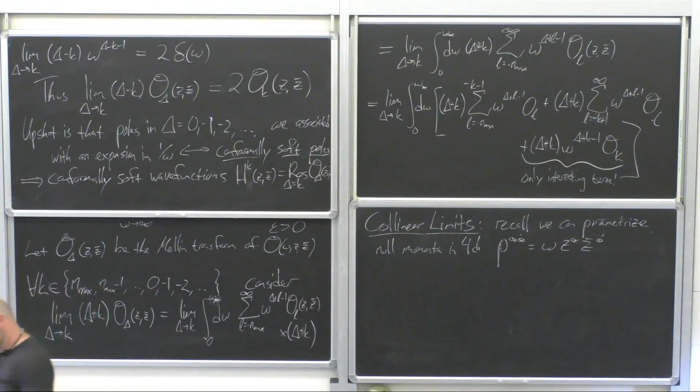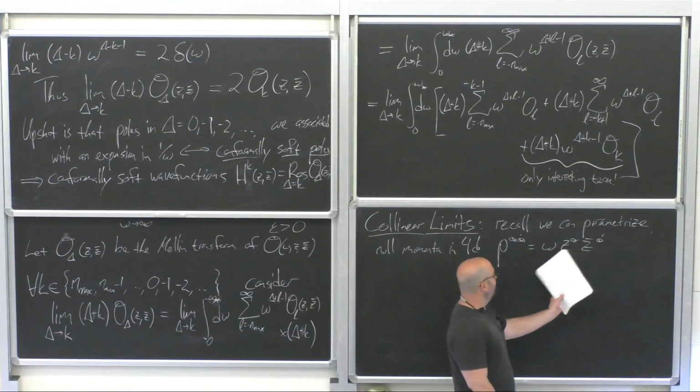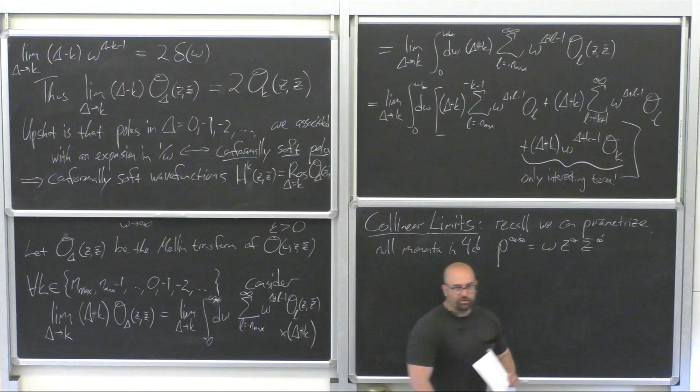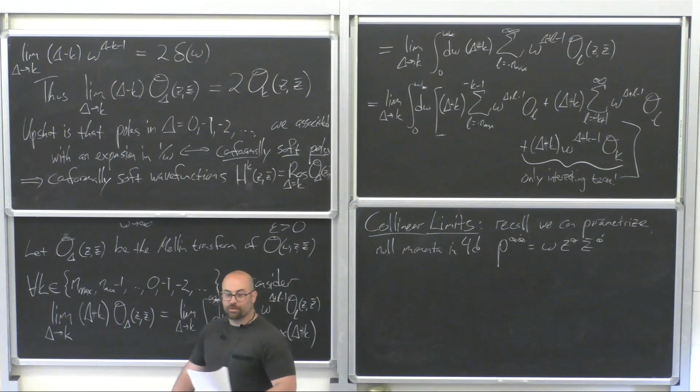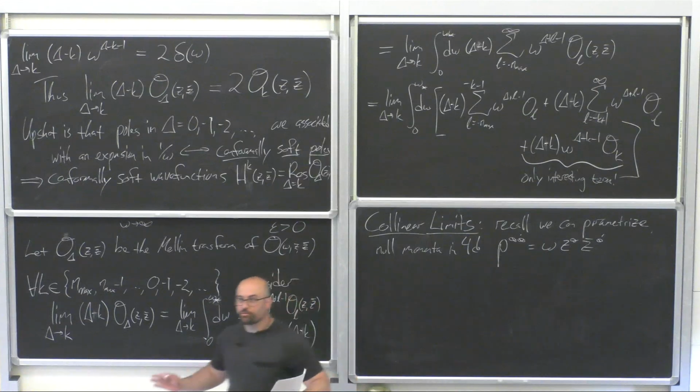So Z and Z bar are homogeneous coordinates on the Riemann sphere, CP1. If this is a Lorentzian real momentum, then these are the holomorphic and anti-holomorphic coordinates. If it's a complexified momentum, then these are homogeneous coordinates on two separate copies of the Riemann sphere.